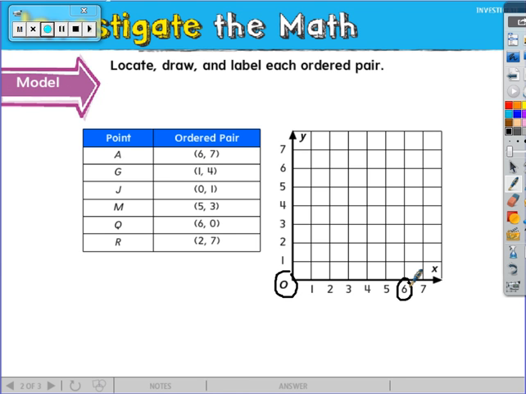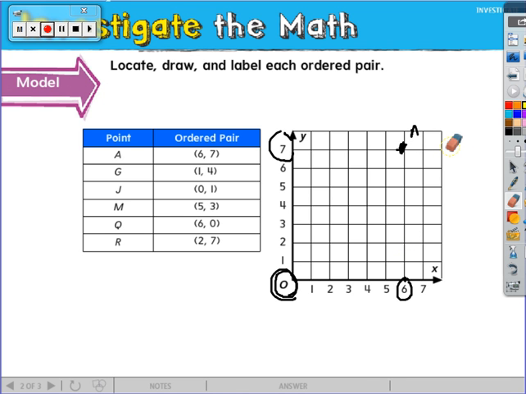Which means I start from my origin and count up 7. Now, I'm going to draw a line from there and a line from there. Where they intersect is my point, and that is A. Now, I don't need those lines. I just drew them so I can see, so I will erase them because I don't want you guys to get confused.